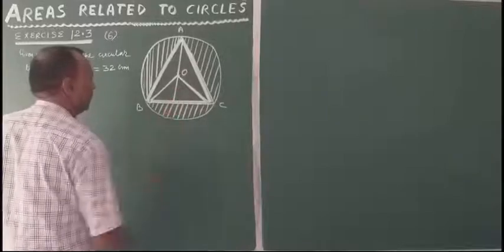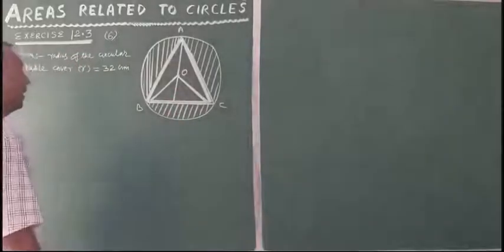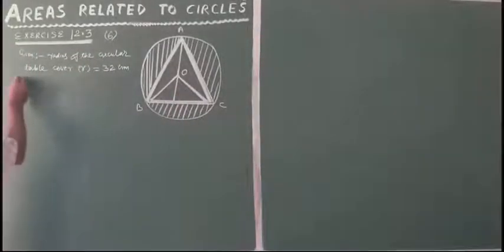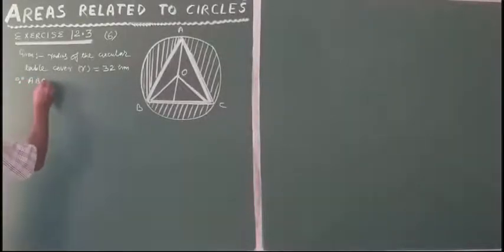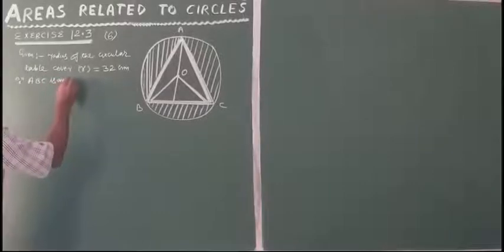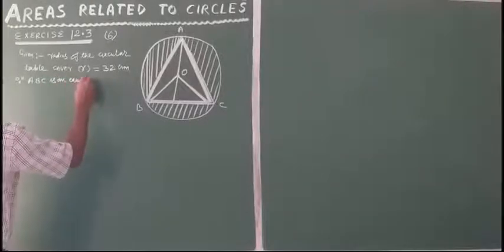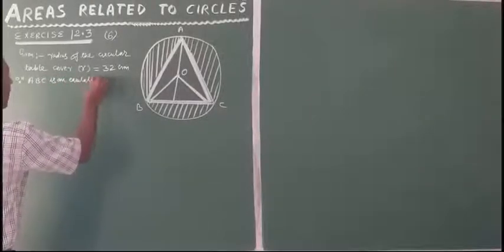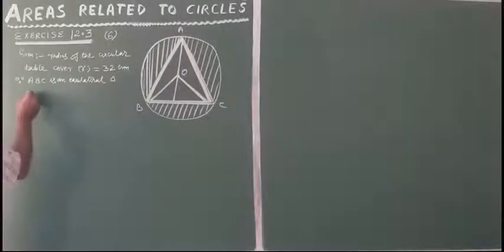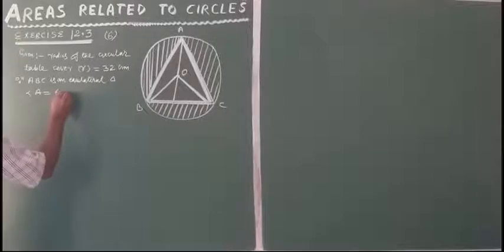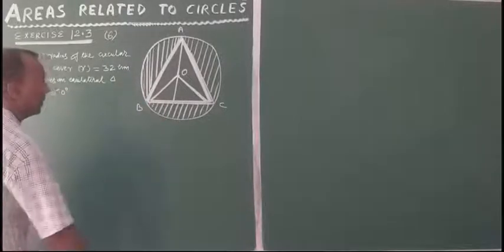Since ABC is an equilateral triangle, therefore angle A will be 60 degree.